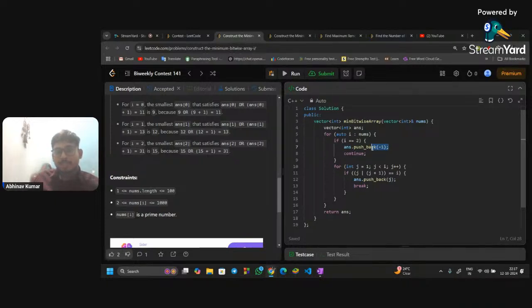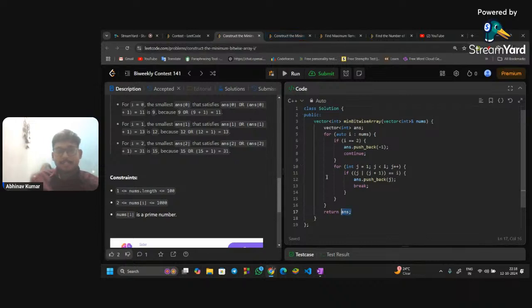I'll come to the explanation why. We won't get a -1 other than for 2. So only for 2 we can get a -1, and I've handled that case separately. For all other numbers, we'll just do a brute force approach and check. If j satisfies the condition, we'll push j into our answer vector and break out of the loop, and return the answer. So the brute force approach was fine.